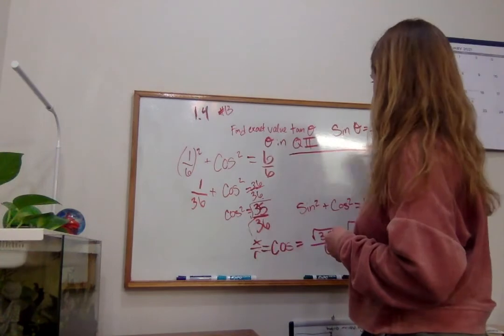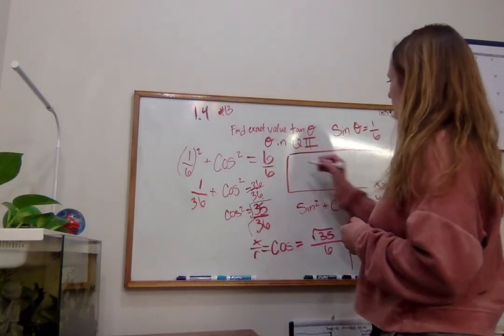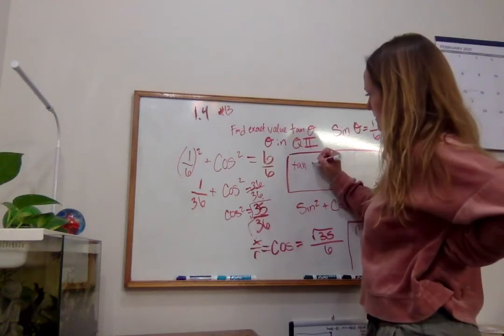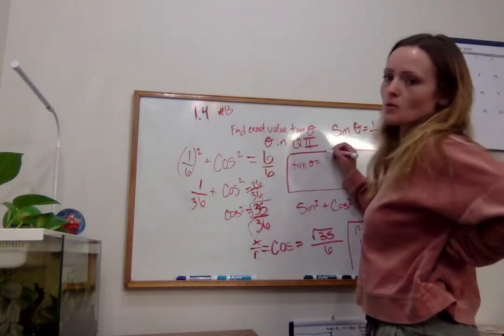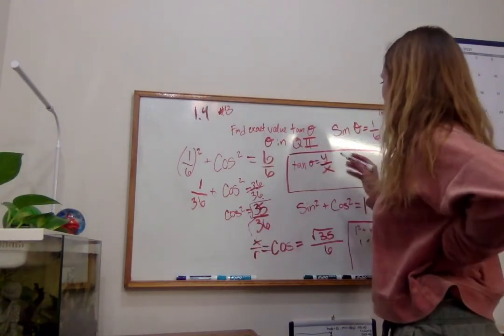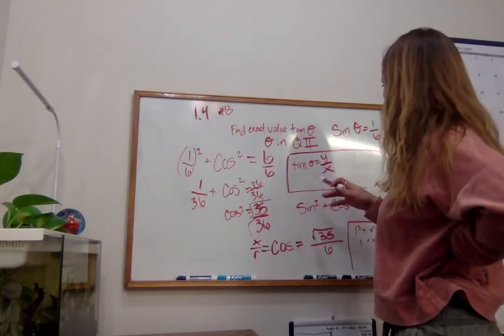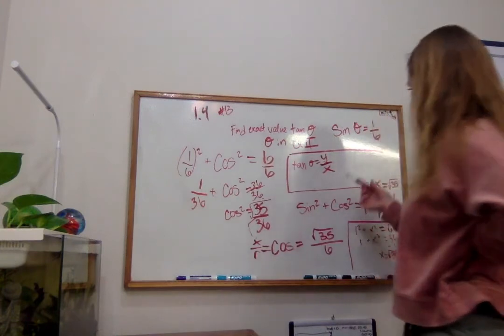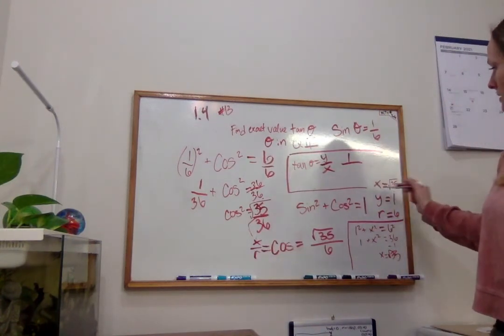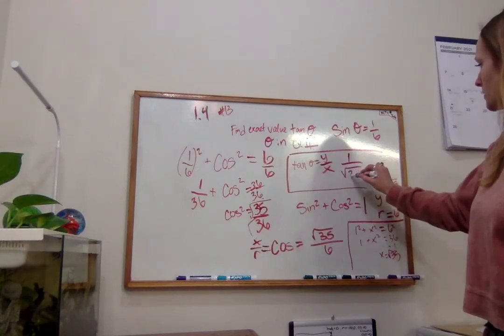So let's see. Tangent is y over x. And now I take my values. Y, 1 over x, negative square root of 35.